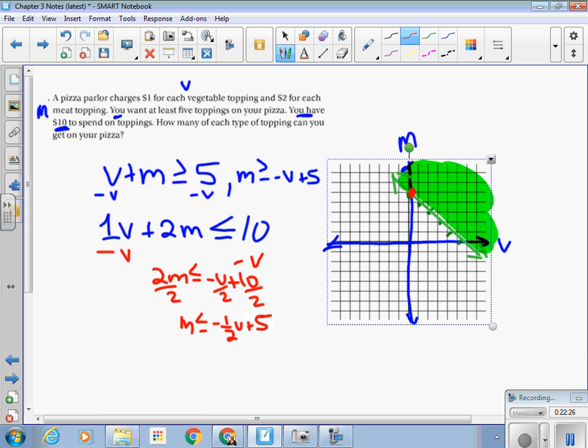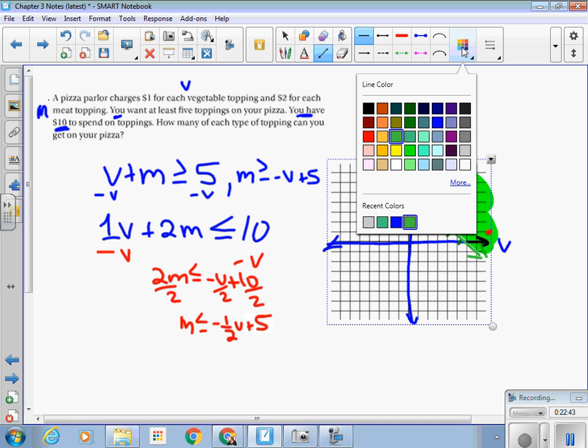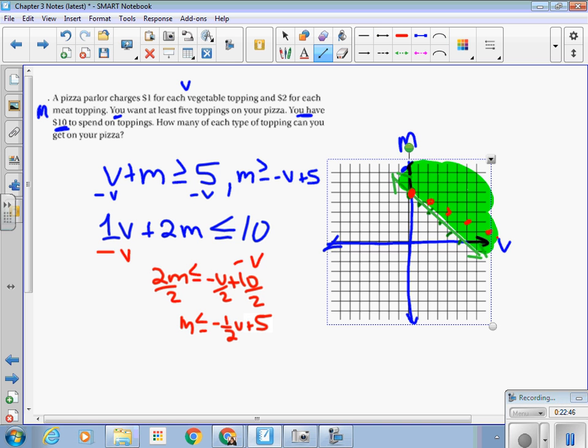Then I'm going to go down 1 over 2. There's my line. It's a solid line because it can be equal. And I want everything below that line, so I'm going to shade lower.